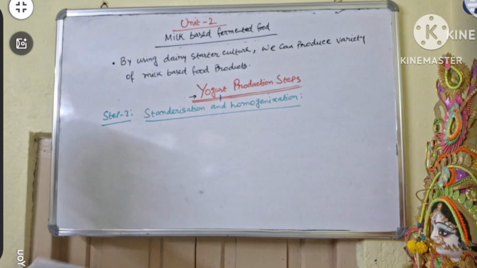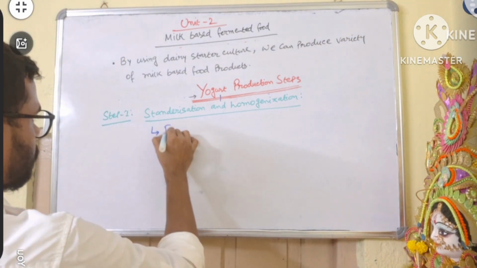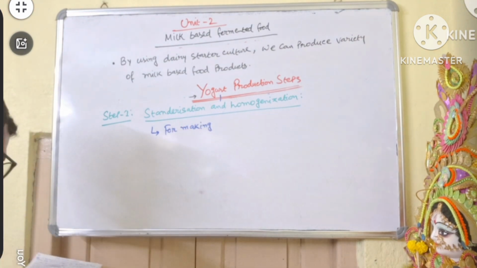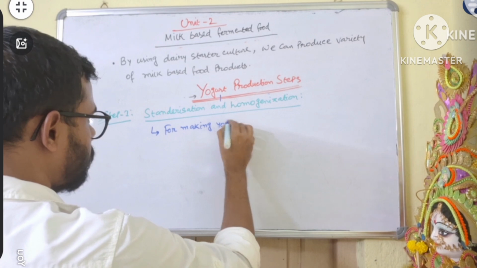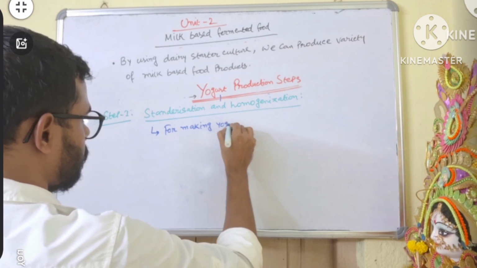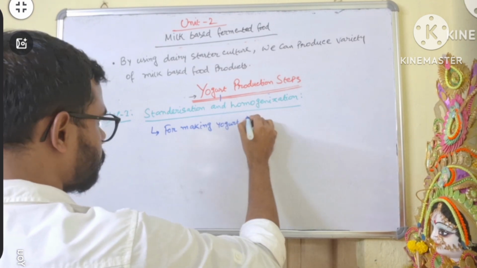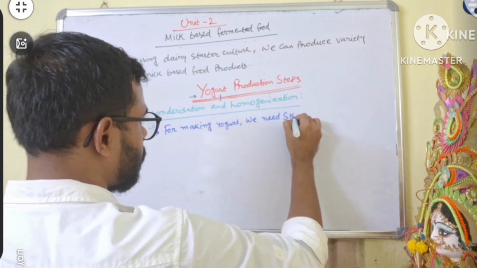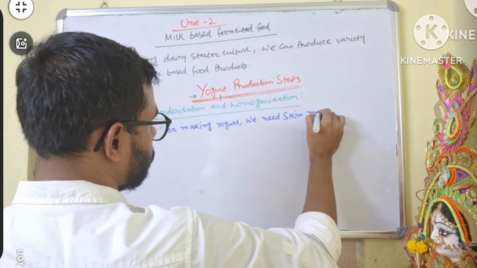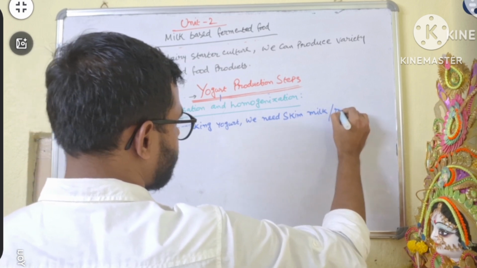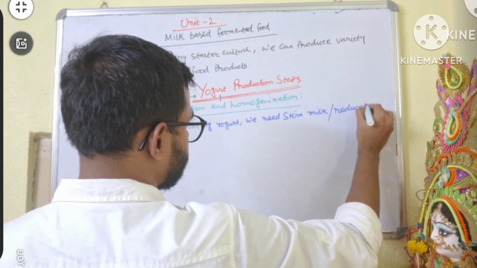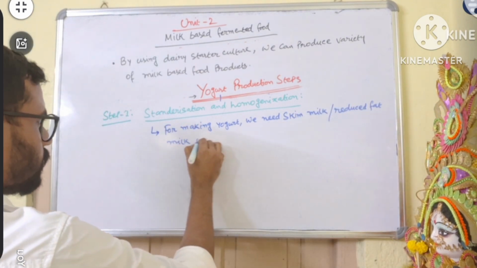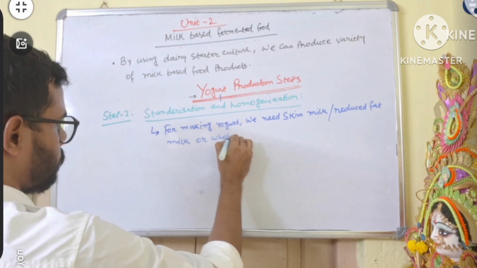So for the standardization, for making yogurt, we need skim milk or reduced fat milk, or we can use whole milk also.